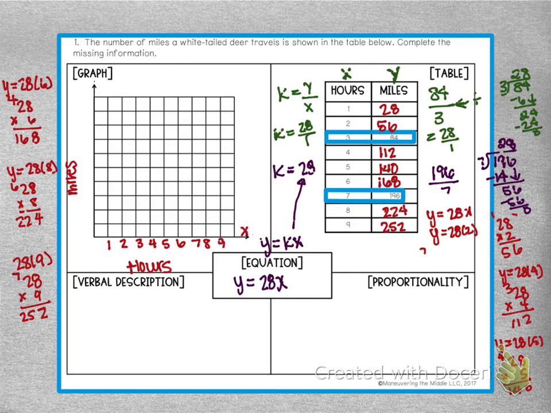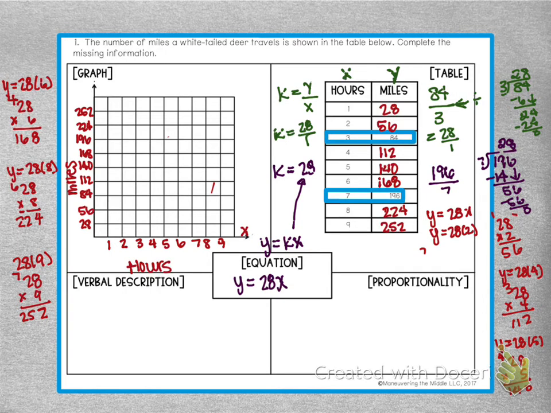And then I'm going to skip count by 28 because it's proportional, so it works that way. 28, 56, 84, 112, 140, 168, 196, 224, and 252.